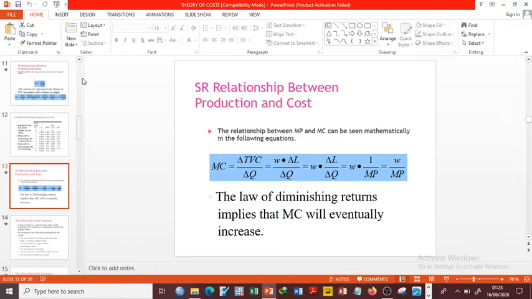because it is already a change in total variable cost. Now there is what we call the law of diminishing returns, right?